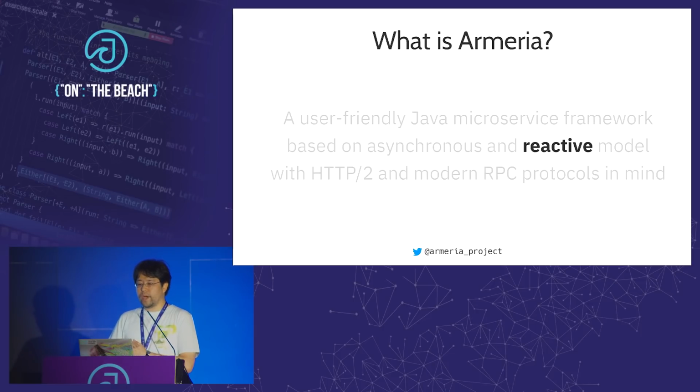So now we know why an asynchronous programming model is important, but it's not the only piece we need to build a robust microservice. It has to be reactive. Armeria implements the Reactive Streams API, which is a de facto standard for streaming data reactively in the JVM ecosystem.